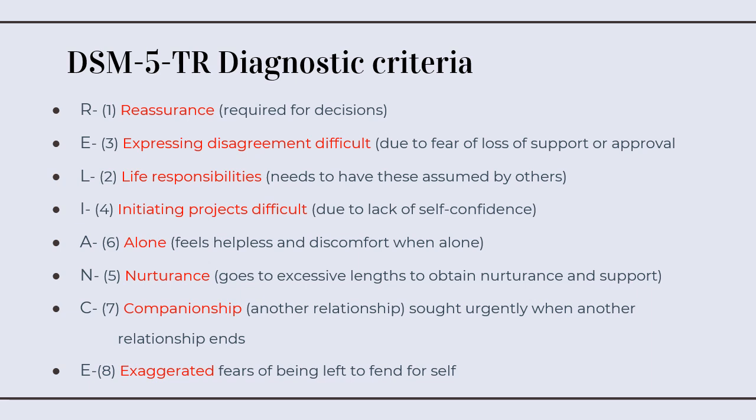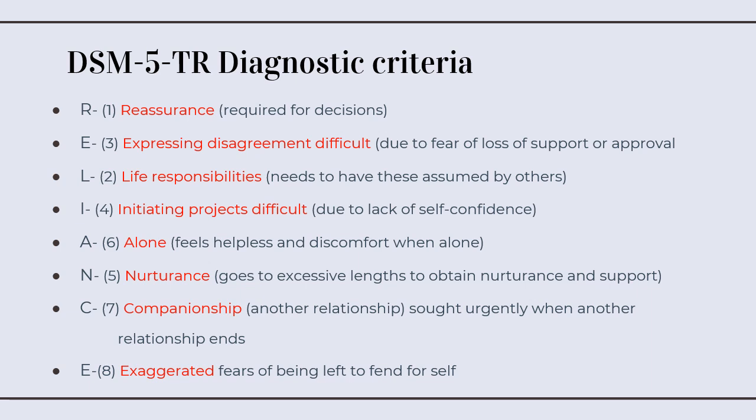So R being reassurance, which is diagnostic criterion 1, which is has difficulty making everyday decisions without an excessive amount of advice and reassurance from others. E being diagnostic criterion 3, which has difficulty expressing disagreement with others because of fear of loss of support or approval.